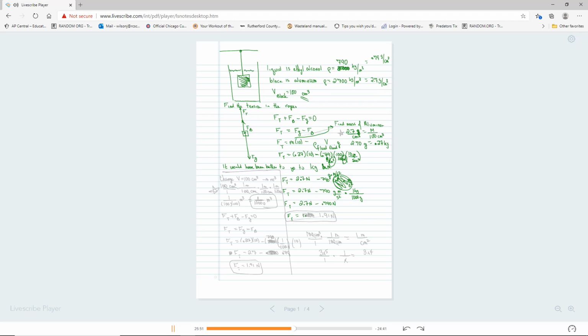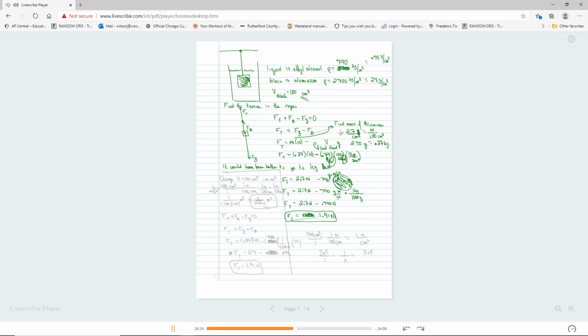And then we're going to talk about this unit conversion business, because that's what the problem is. 2.7 minus, 1.91. Okay. 1.91 newtons.